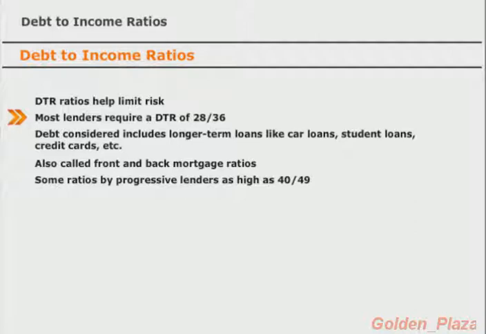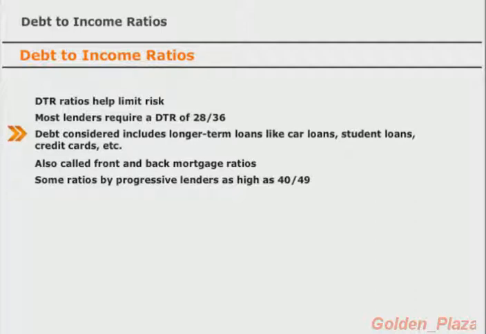This means that no more than 28% of your total monthly income from all sources and before taxes can go toward housing, and no more than 36% of your monthly income can go toward your total monthly debt, including your mortgage payment.